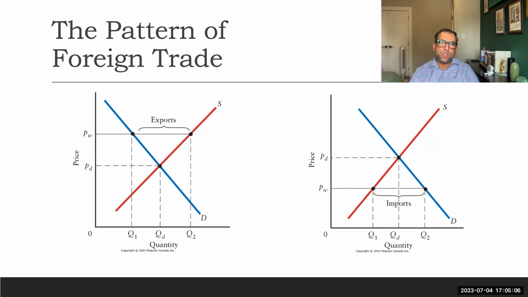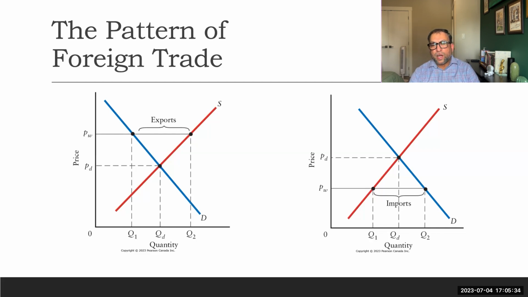If that is the situation, the producer loves to sell at a high price outside the country. And that's why there is an export. So the quantity in this case is the difference between the domestic demand and the world demand. So that's the total demand, and supply is going to be higher at the higher price.